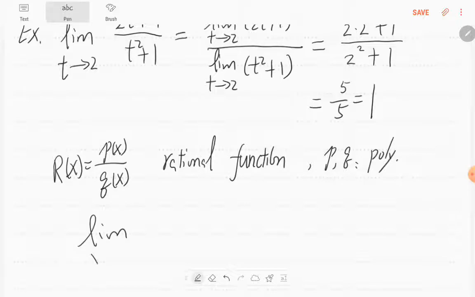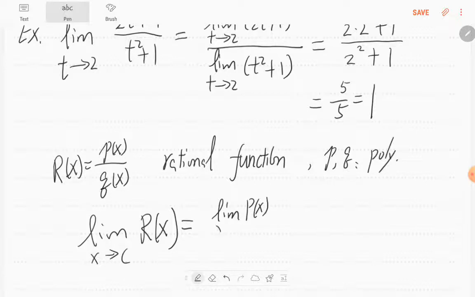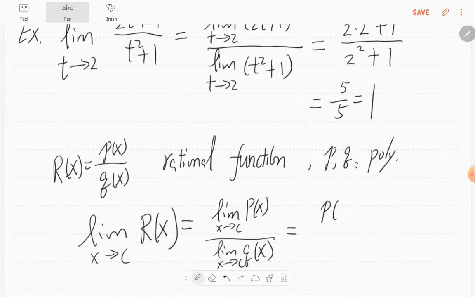Then the limit as x approaches c of R of x is the limit of p of x as x approaches c over the limit as x approaches c of q of x. Sorry, this is q, not r. p and q are both polynomials, so you just plug in the numbers, as in the first example. We have this fact, right? Plug in the numbers, and you can get your result.